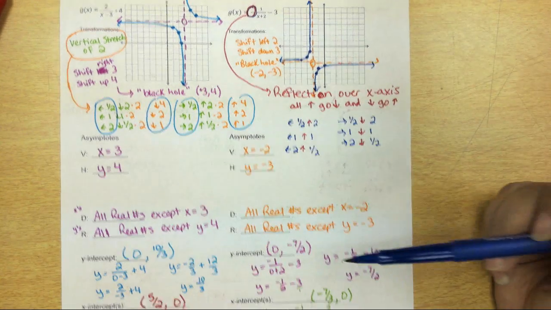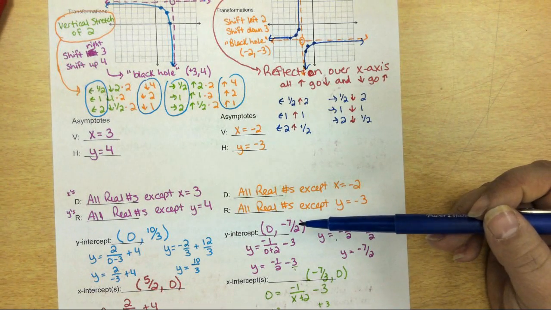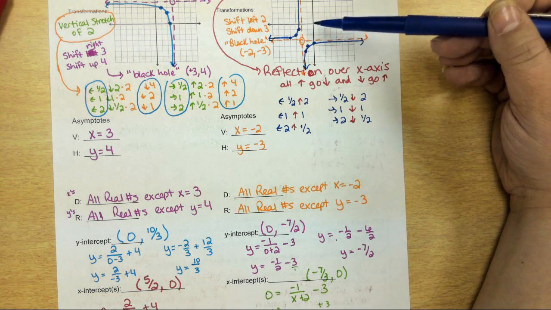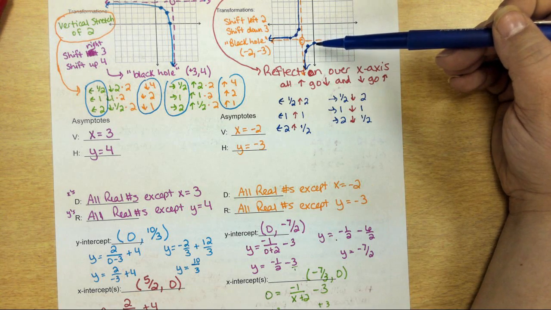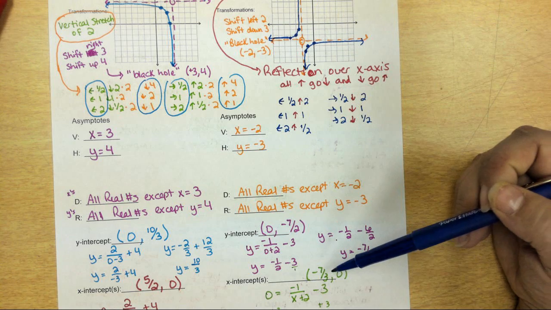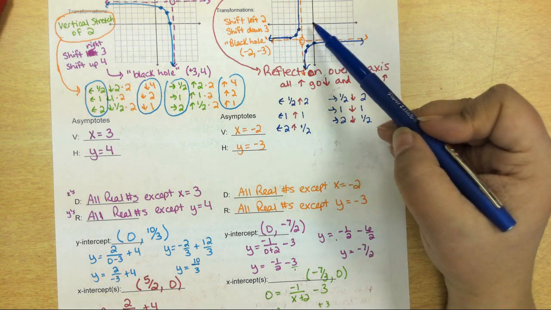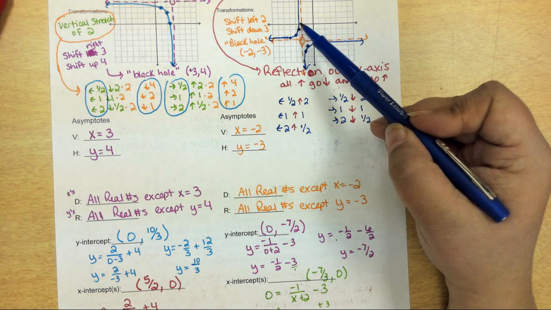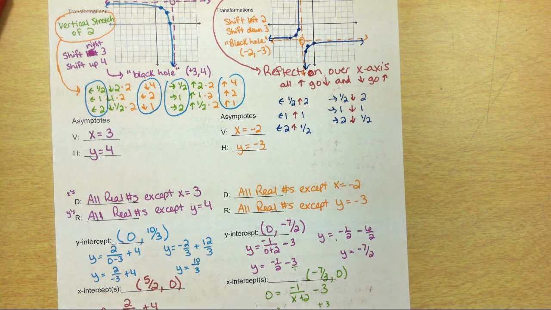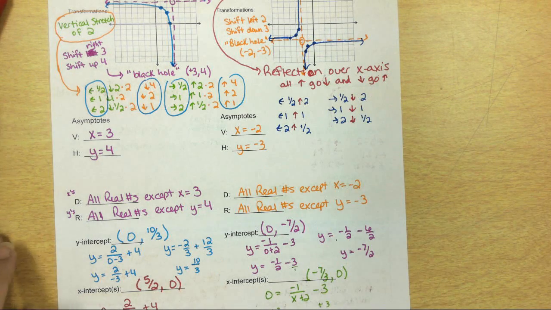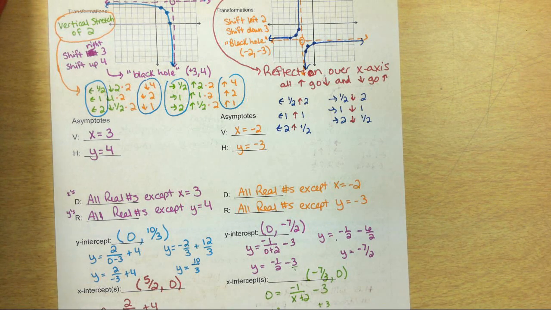Yep, pretty close. Same thing here. -7/2, that's going to be -3.5. Am I crossing my y-axis at negative 3.5? Yep. And my x is negative 7/3, so that would be negative 2 1/3. Am I crossing my x-axis at negative 2 1/3? Pretty close. So always double check that your y and x intercepts also match up with your graph. Good luck on this information.